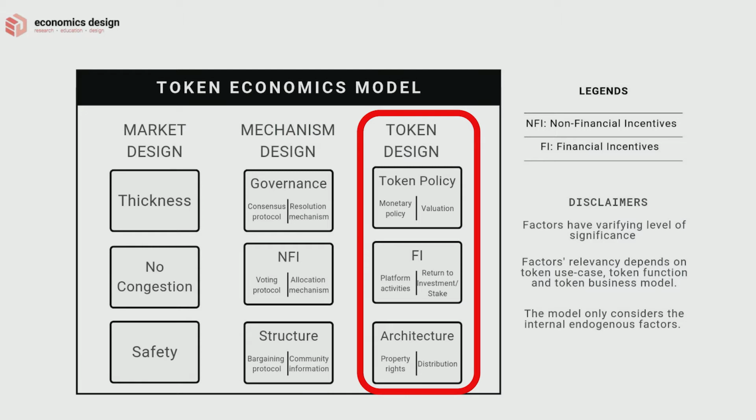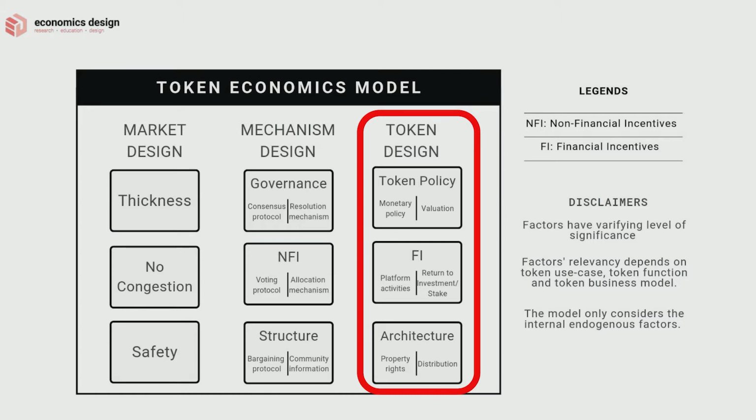So, a quick refresher for token design: we're talking about 3 main categories. The first one is token policy, the second is financial incentives, and the third is architecture. For token policy, we're looking at the monetary policy and the valuation. So this is really your supply, your demand, your creation, your redemption, your internal factors that give it value, and that's all part of token policy. The second is financial incentives.